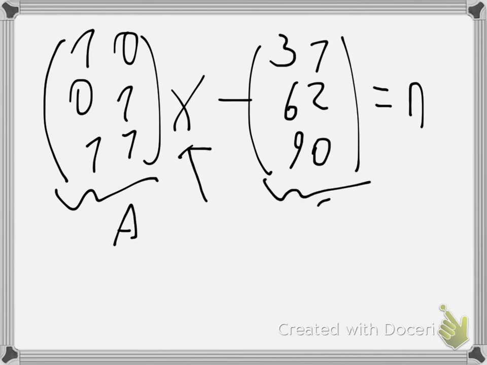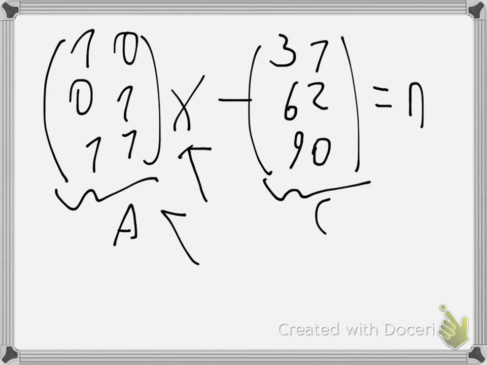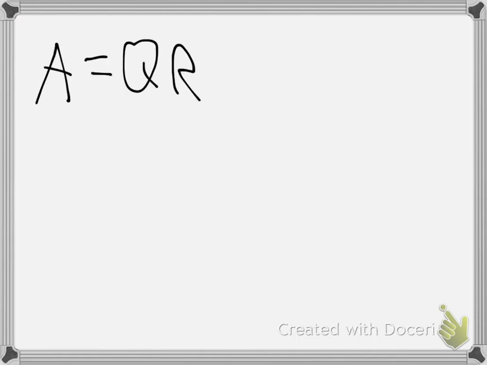And these are the values we got at the beginning, contained in the vector C. And so I will find the QR decomposition of A, this matrix here. For that I think I will use a Givens rotation.